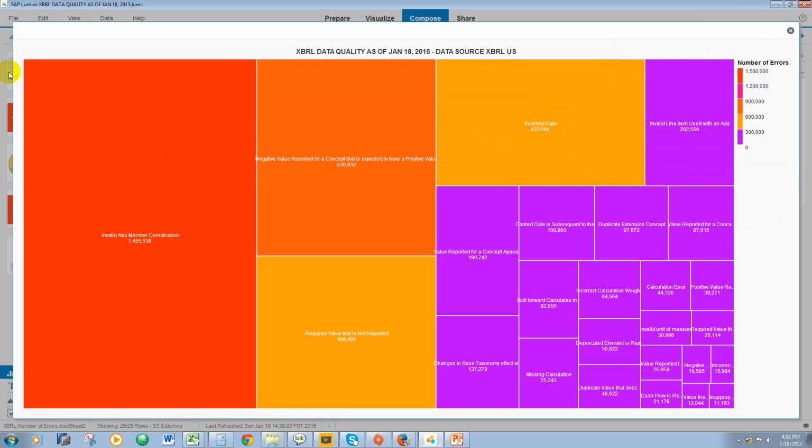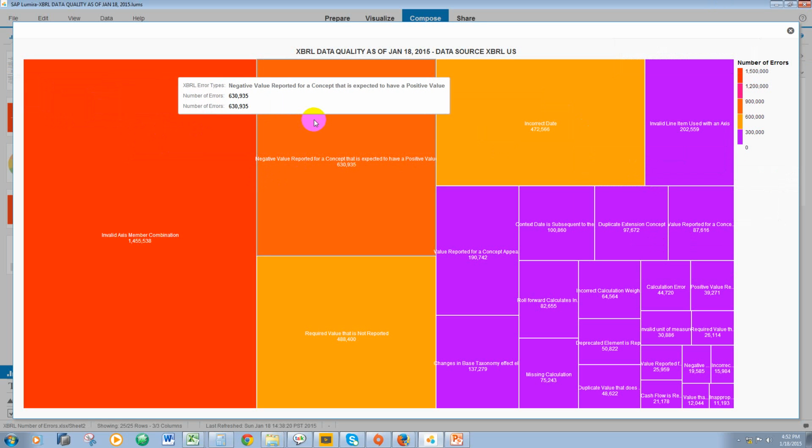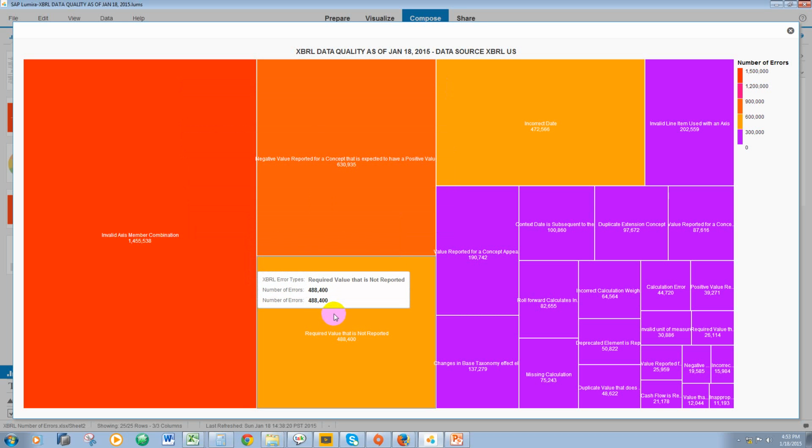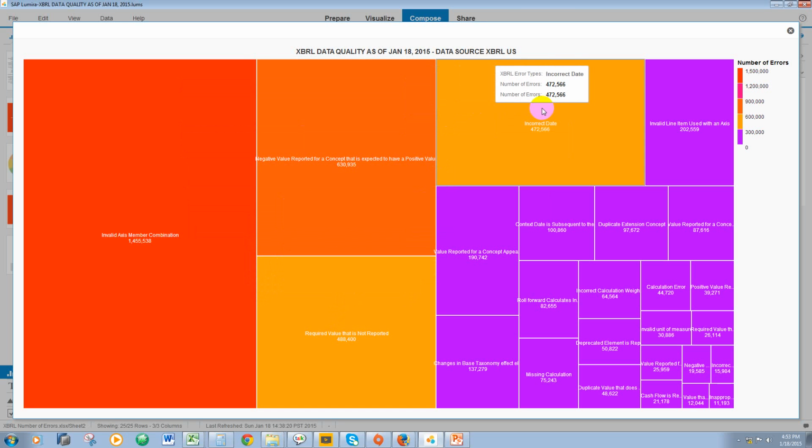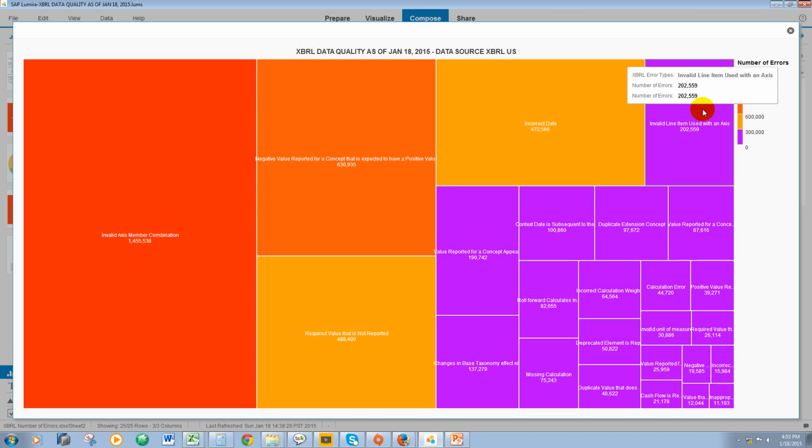So we see that the area covered by invalid axis member combination is the largest because it has the largest number of errors, which is 1.45 million, and then the second largest area covered is by negative value reported for a concept that is expected to have a positive value, and then the third largest area covered is by required value that is not reported, and then the fourth largest area covered is by incorrect date, and the fifth largest area covered is by invalid line item used with an axis. So these are the top 5 errors as we see over here.